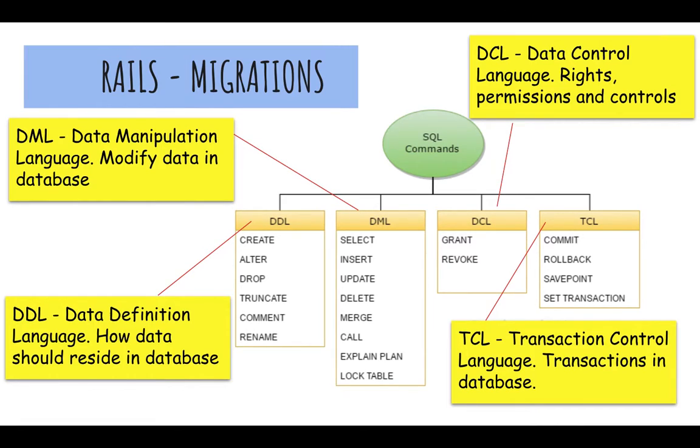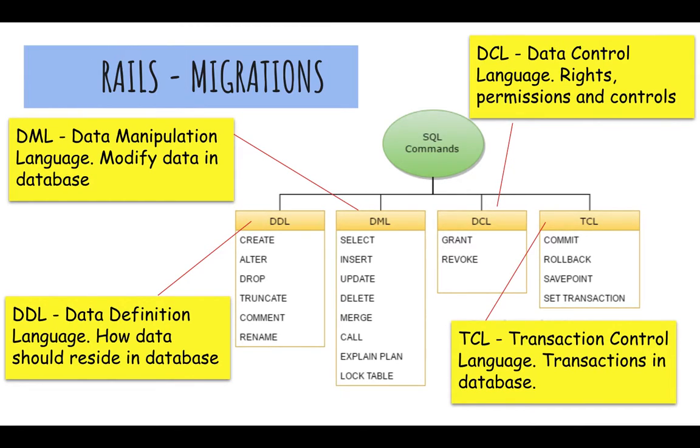We have DDL, data definition language, how data should reside in the database, with commands like create, alter, drop, truncate, comment, and rename. We have data manipulation language, which modifies the data in the database: select, insert, update, etc. We've got data control language for rights, permissions, and controls, and transaction control as well.